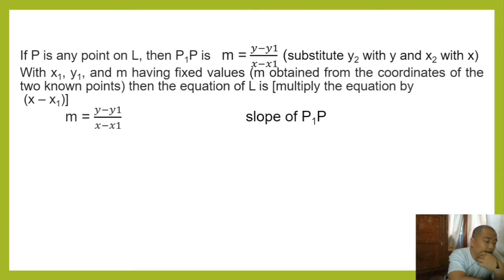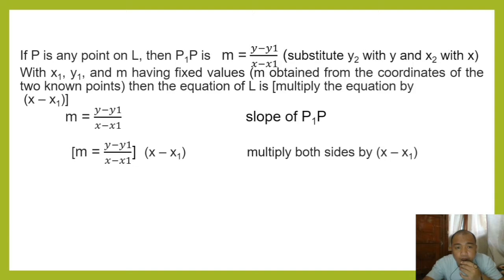So the slope of p sub 1 P is y minus y sub 1 all over x minus x sub 1. Then multiply both sides by x minus x sub 1.